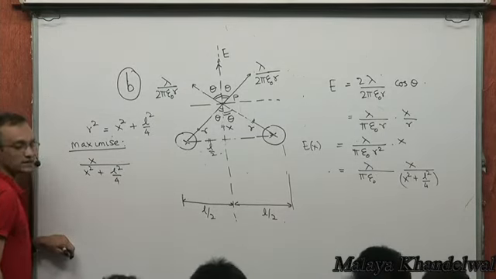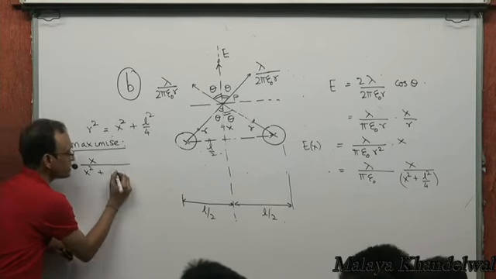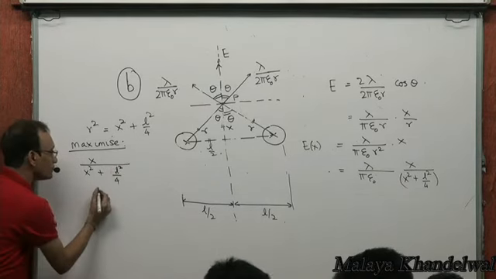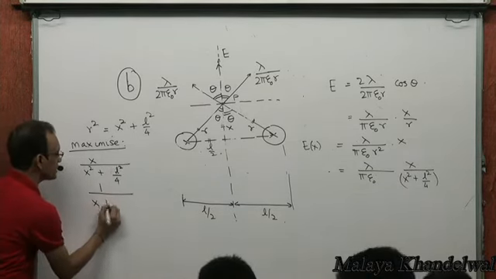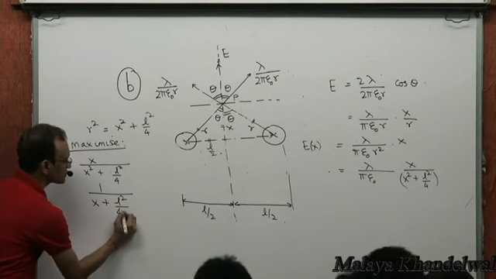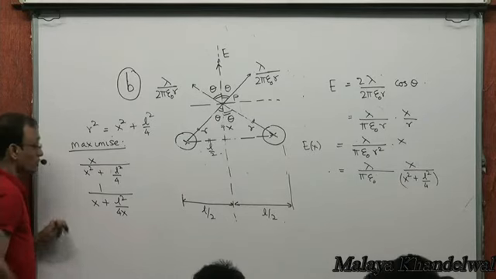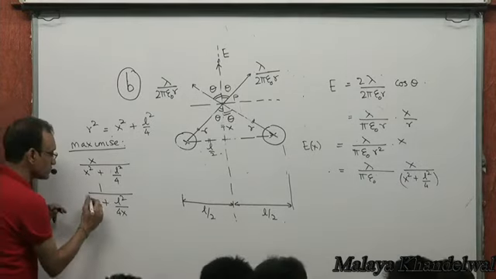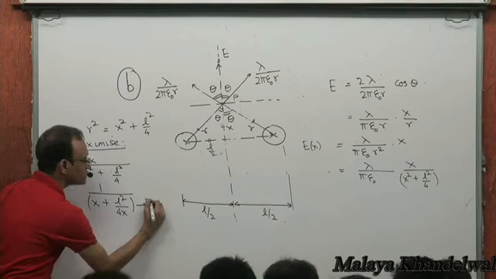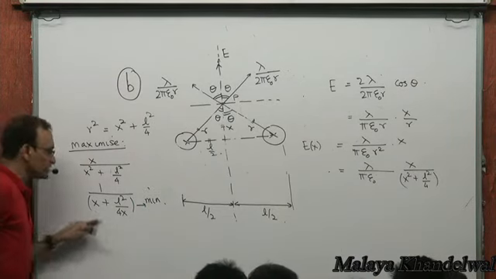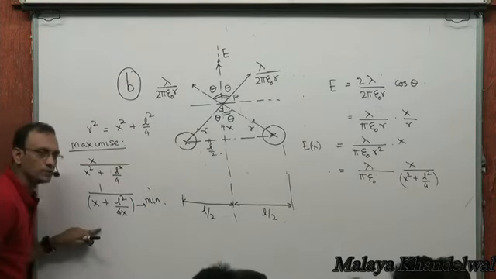Isn't it? This expression we can write as 1 over x plus L squared by 4x. Right? That means we want to minimize this. When this is a minimum, this ratio would be a maximum.